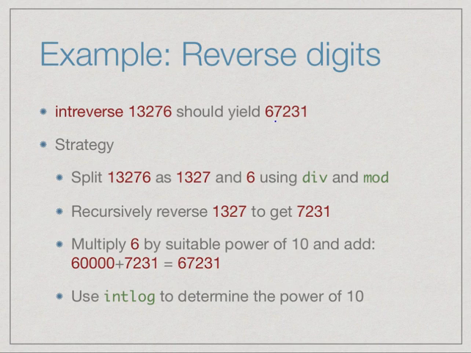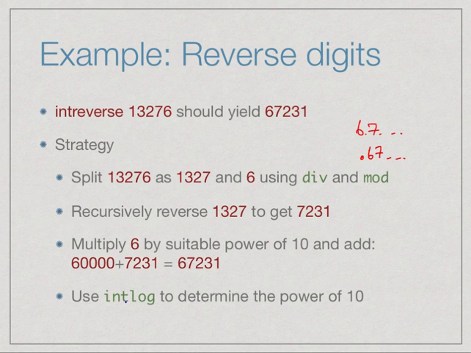So in this case, if we take the integer logarithm of this, it is just 1 less than the number of digits. If we divide this by 10 4 times, we get 6.7 something. And if we divide it by 10 5 times, we get 0.67 something. So if we take the integer logarithm, it is precisely 1 less than the number of digits in the decimal number, and that's precisely the number of times we need to multiply 6.